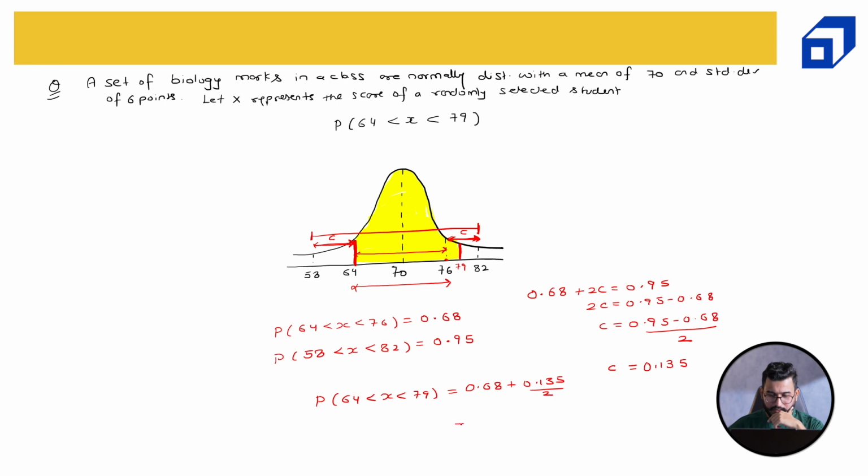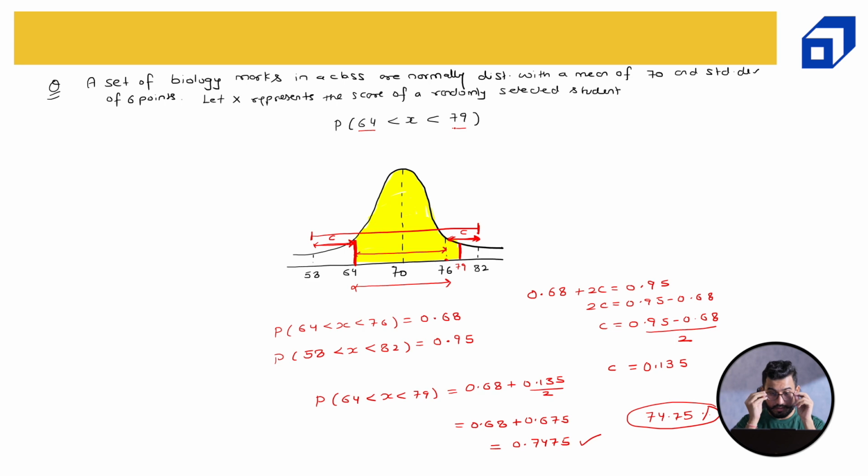So 0.68 plus 0.0675, which is 0.7475. This is my final answer. So there are 74.7% chances that a person who is randomly selected in the class will have marks between 64 to 79.